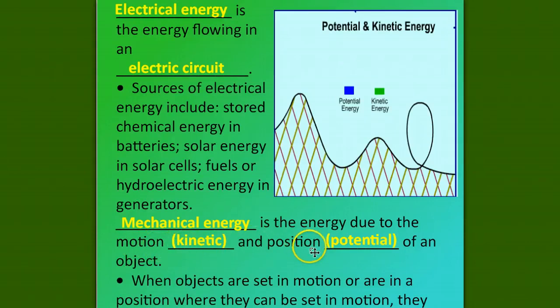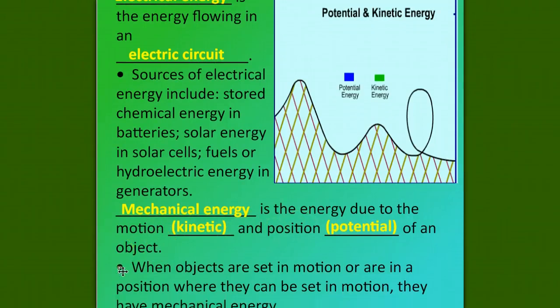And position, which is potential. Position starts with a P, potential starts with a P. So if something's just sitting and it has the potential to do something, that is considered the position of an object. So mechanical energy is energy due to an object's motion and position.